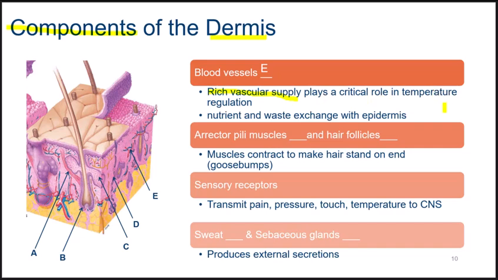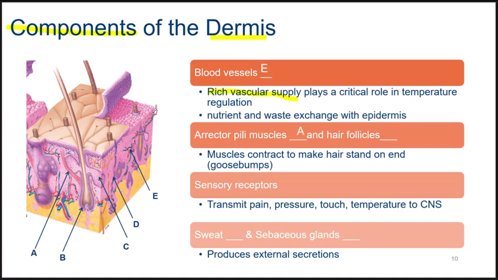So that's where you can have dilation and constriction, so widening and narrowing of the vessels, in order to regulate temperature. There's also going to be nutrient and waste exchange within the epidermis, as we also know. So this area of the skin can be fed with nutrients, but also drained of any waste products by all the blood vessels that are found within the dermis.